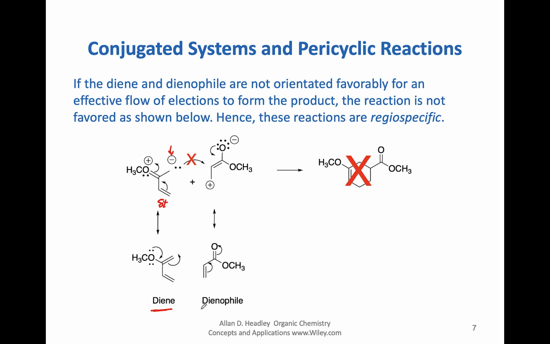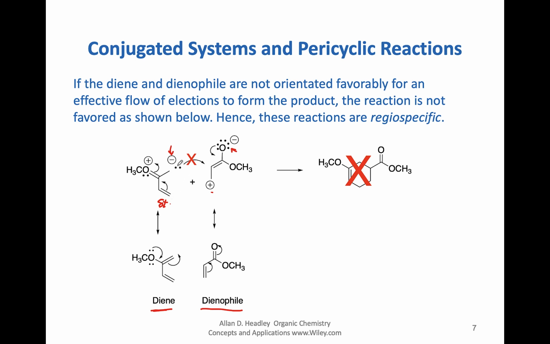But if the dienophile is flipped, and that's possible in a reaction because molecules are constantly moving around, it makes this the electron withdrawing group, pulling the electrons from the double bond into the oxygen as shown here, making this positive and this partially positive. You can see that will not work or is not favorable.